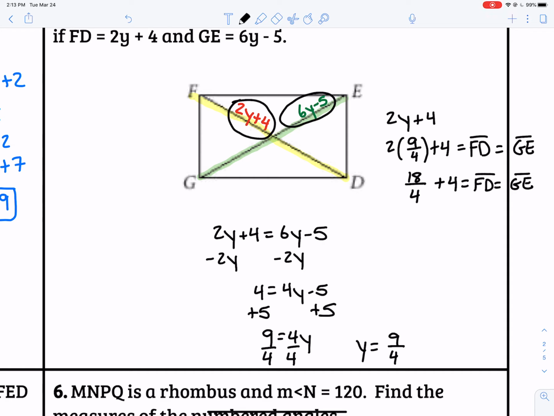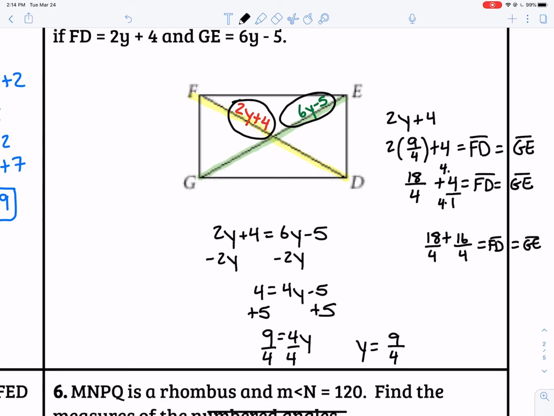And then 4 has a denominator of 1. So I'm just going to get a common denominator of 4. So I would say 18 over 4 plus 16 over 4 would equal my diagonal length. I'm just going to bring that down.